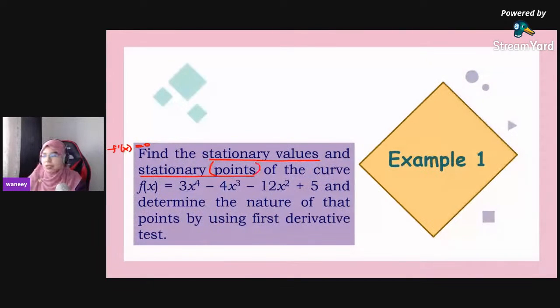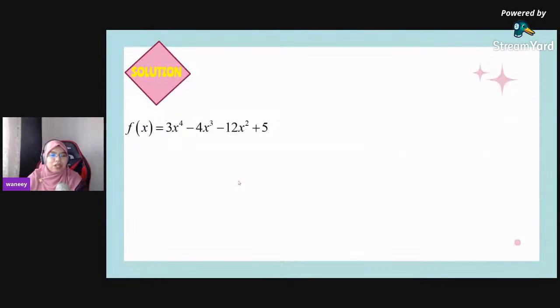Okay, so start with f(x) first. f(x) is 3x to the power of 4 minus 4x cubed minus 12x squared plus 5. Then you differentiate once to get f prime of x, using the power rule. So it becomes 12x cubed minus 12x squared minus 24x.